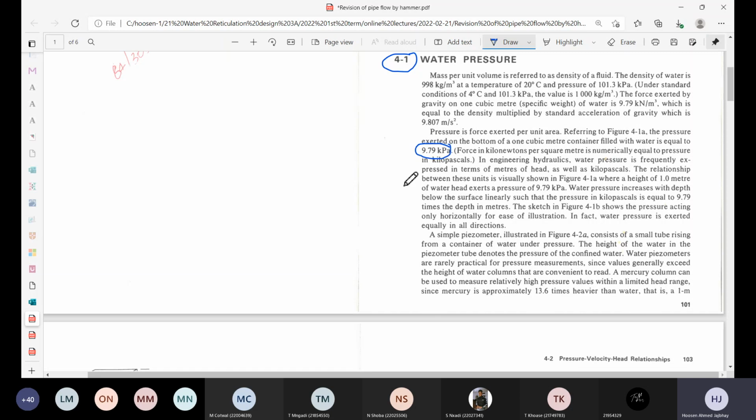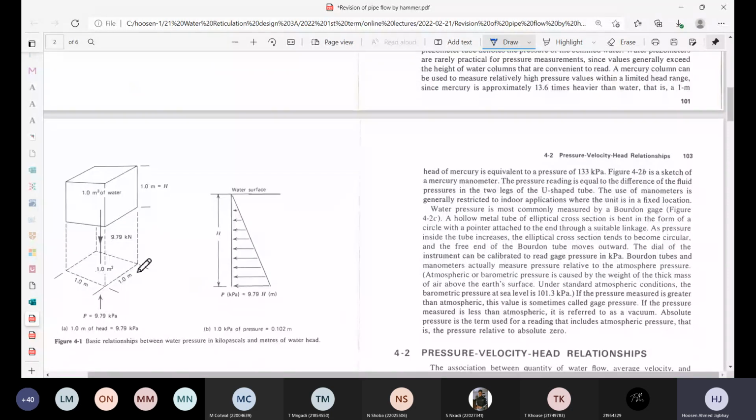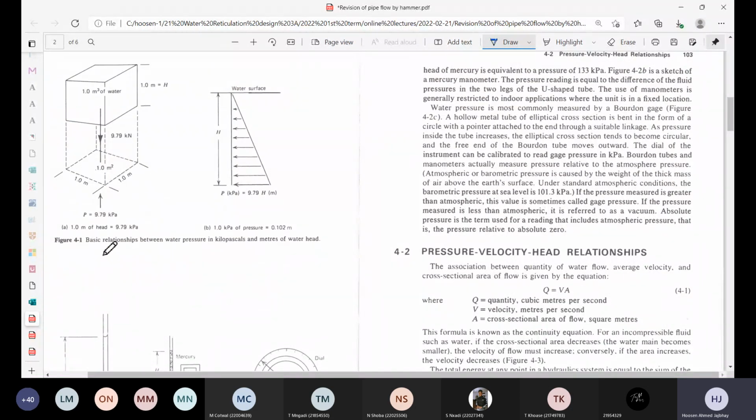Now, what does it actually represent? If you look at this diagram, for example, in figure 4.1, if you took a cube of water, I know you cannot get a cube of water to stand on the ground, you need a container or something like that, but let's take an imaginary cube of water. It's 1 meter by 1 meter in area, the contact area with the ground, and 1 meter in height.